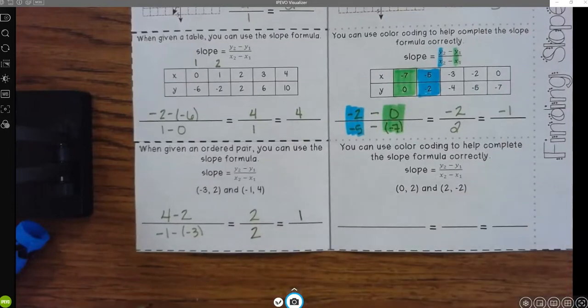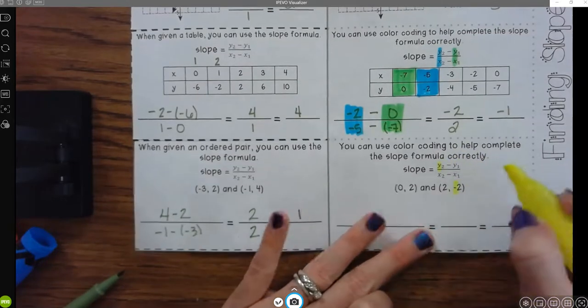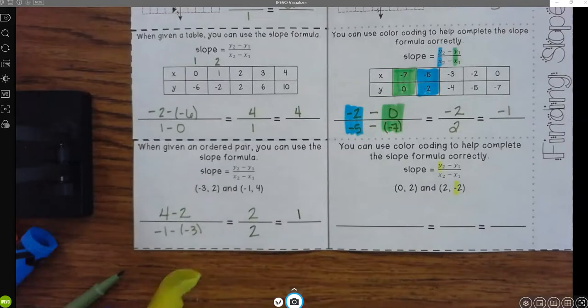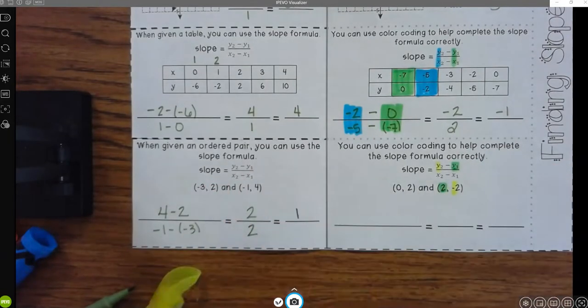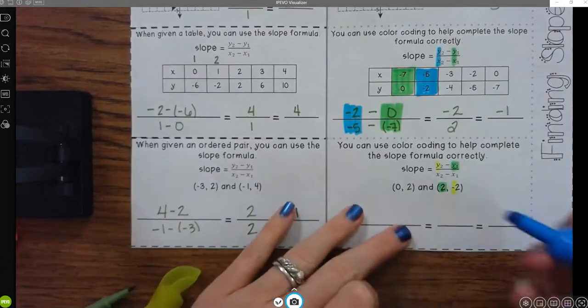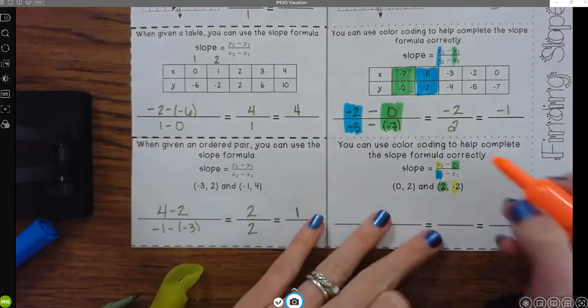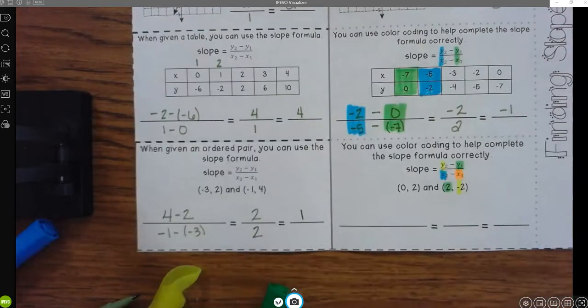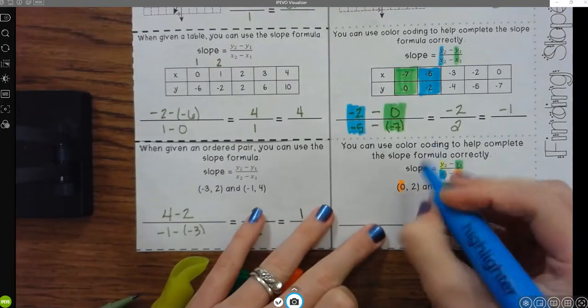So there's another way that you can color code as well when you do this. You can highlight every point a different color to help you line these up. And so that's x1, that's x2.